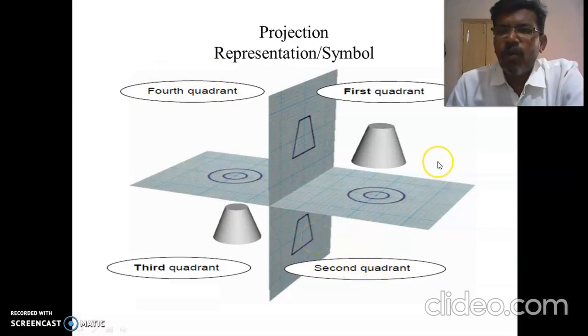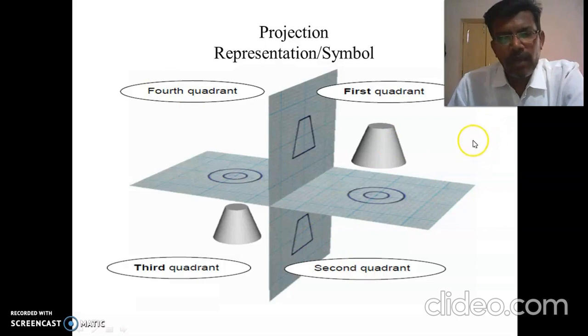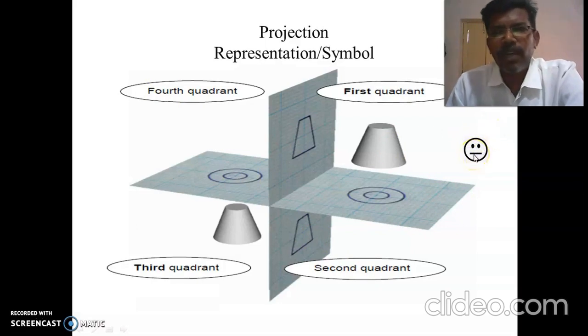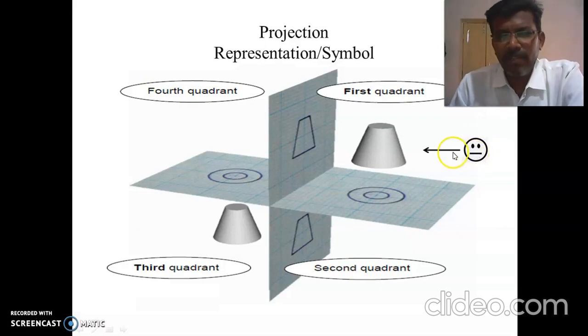Next, where I am showing here, you are sitting here. So this is you, let us take a smiley for you. When you are seeing from this side of the object, the view of this object is going to fall on the vertical plane.